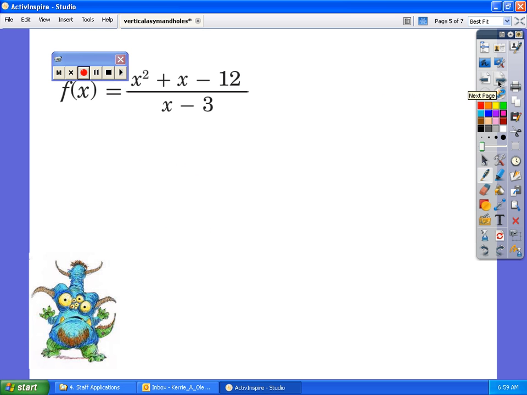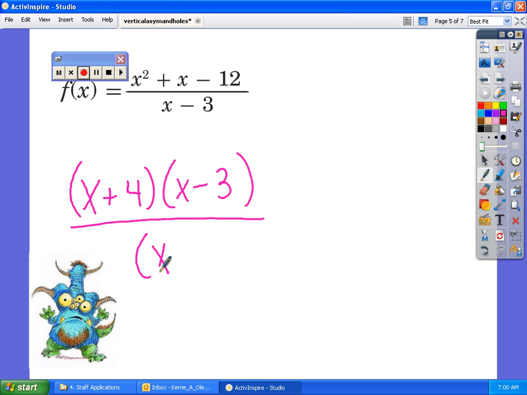Okay, go ahead and try this one. Okay, you should have x plus 4 times x minus 3 over x minus 3.